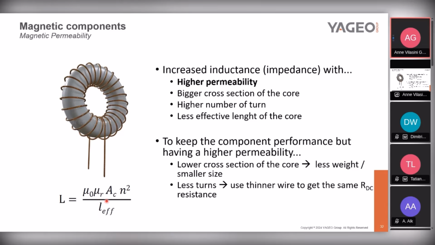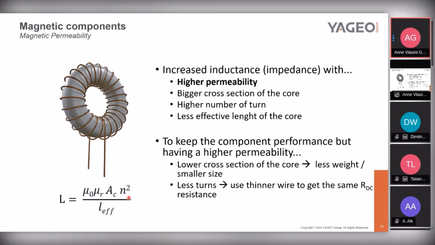For example, when you look at this equation, if you simply go to a higher permeability core, you can trade that for something useful. You can reduce the cross section and the number of turns, so you're saving some space on the board mechanically. This lets you use a thinner wire while keeping the same DC resistance.